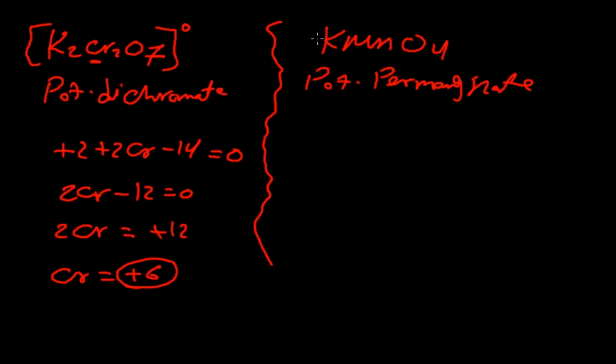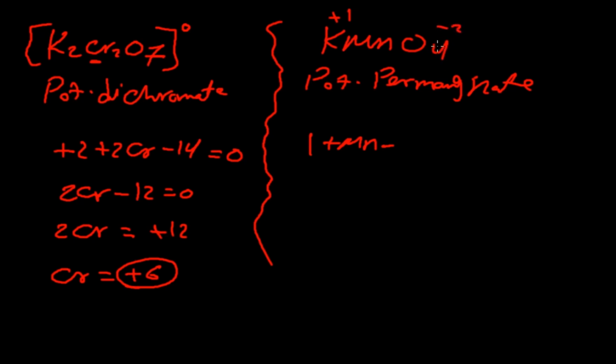We have potassium here, which is positive 1, and each oxygen atom should be -2. Then we have 1 plus manganese, which is the unknown, minus 2 times 4.